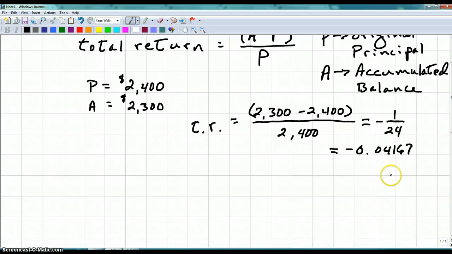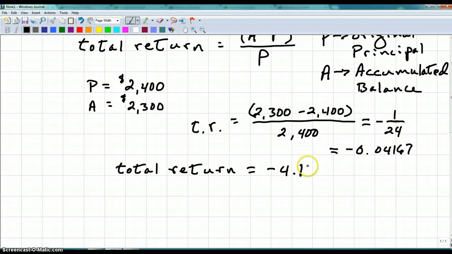Now, I need to convert this into a percentage by multiplying by 100. Once I multiply this by 100, what I'm going to get is the fact that the total return as a percentage is equal to a negative 4.17%.